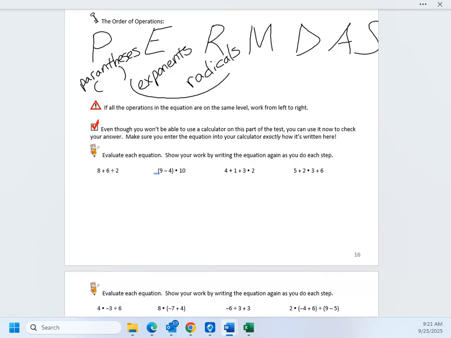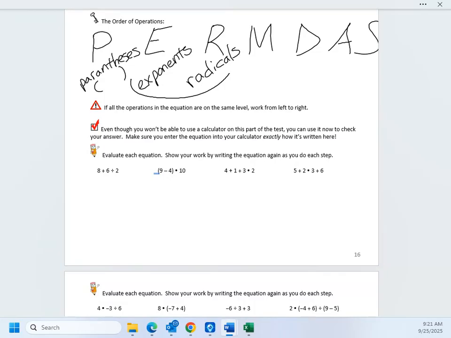So that's where reading from left to right comes in handy. You start at the left of your equation, you go left to right, whichever one you hit first. Exponents or radicals, radicals, exponents, it doesn't matter the order.